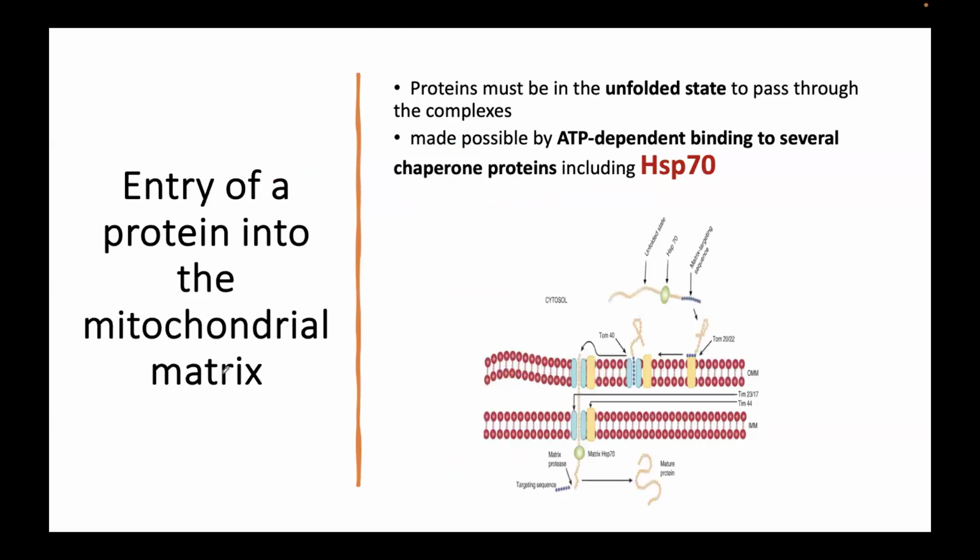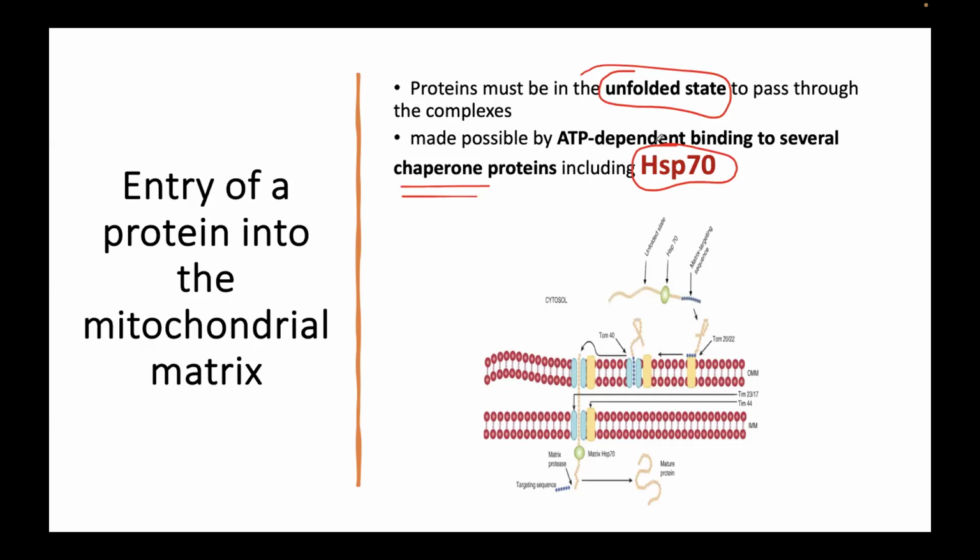For a protein to pass through the complexes, it has to be in the unfolded state. And this is made possible by binding to chaperone proteins. This involves heat shock protein 70.